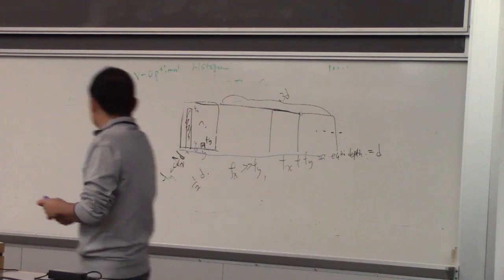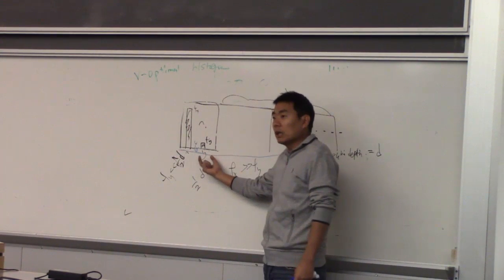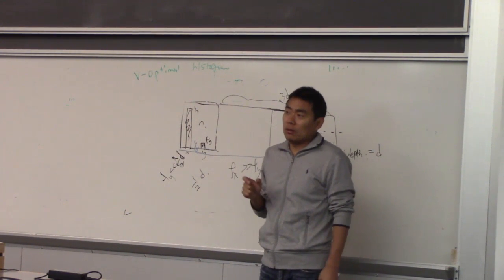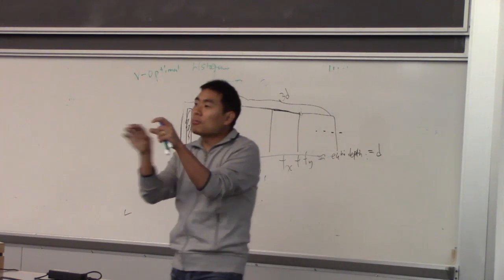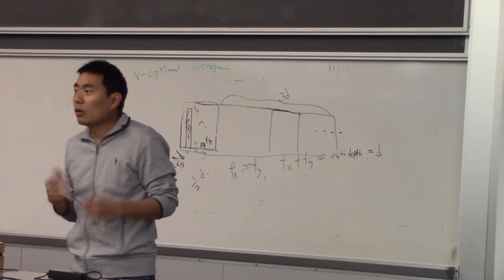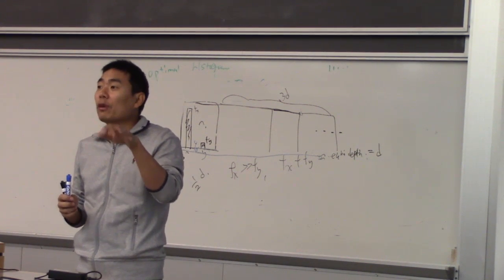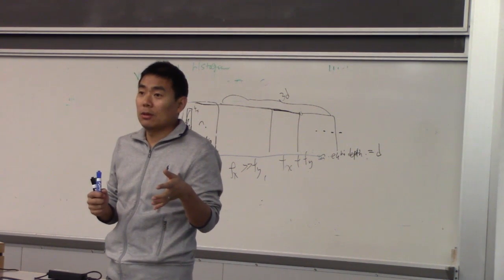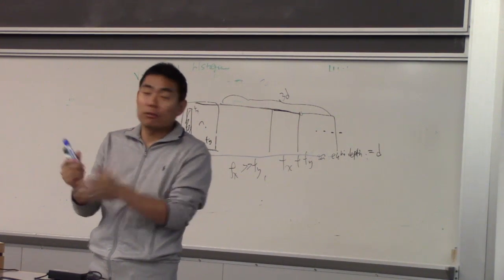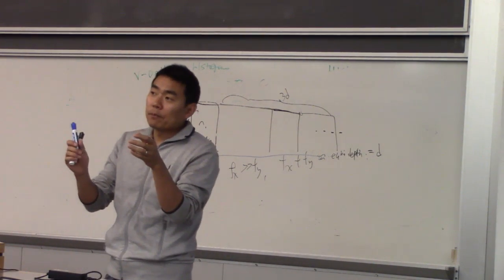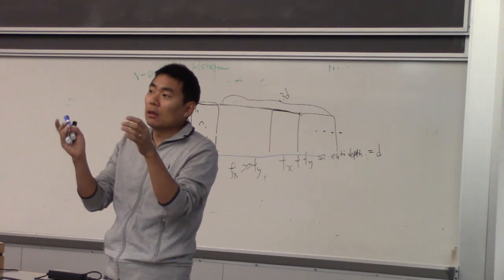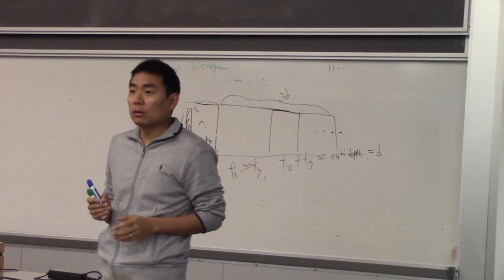If you think about what you're doing here, instead of making each bucket equal depth, what should you be doing? You should make each bucket as uniform as possible. Let me repeat myself: you should make each bucket as uniform as possible.